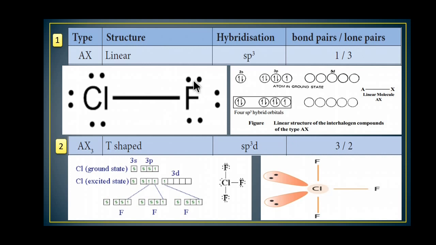Here also 1, 2, 3, three lone pairs. So the bond pair is 1 and the lone pairs are 3. What is a lone pair?